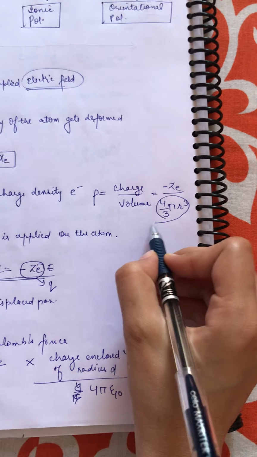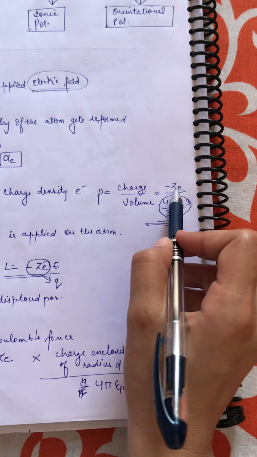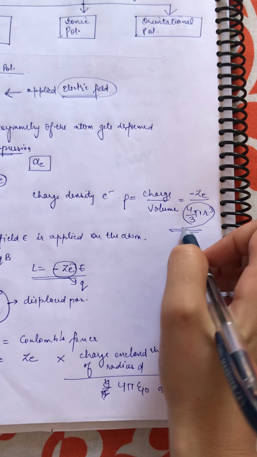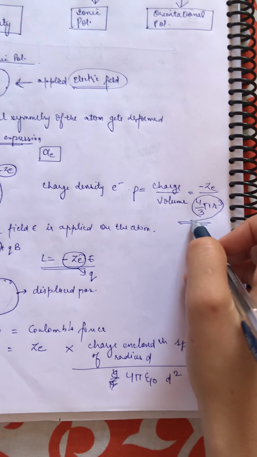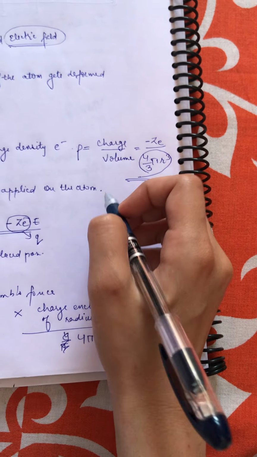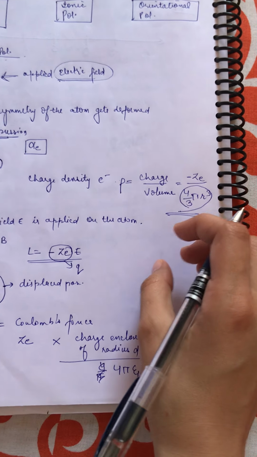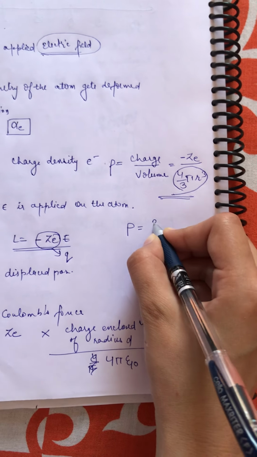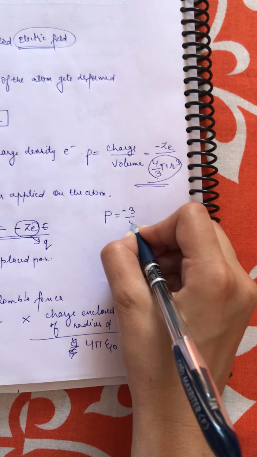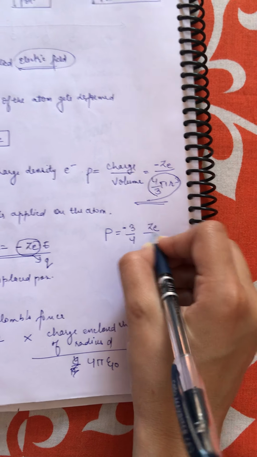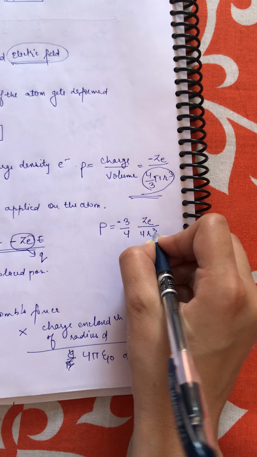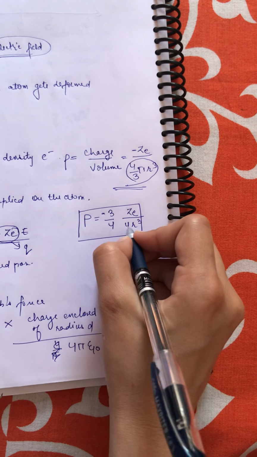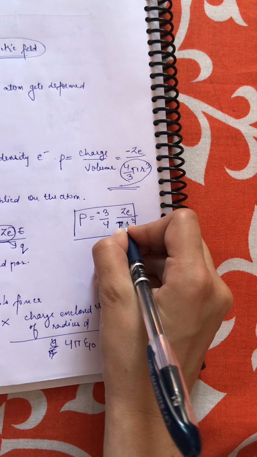Now we had derived the equation rho is equal to minus Ze upon 4/3 pi r cube. So from here we can write the value of rho as rho equal to minus 3 upon 4 Ze upon pi r cube.